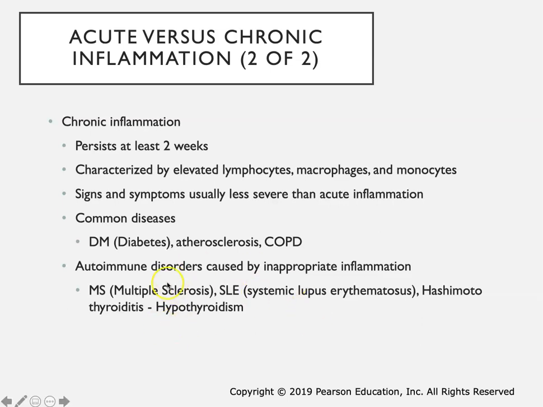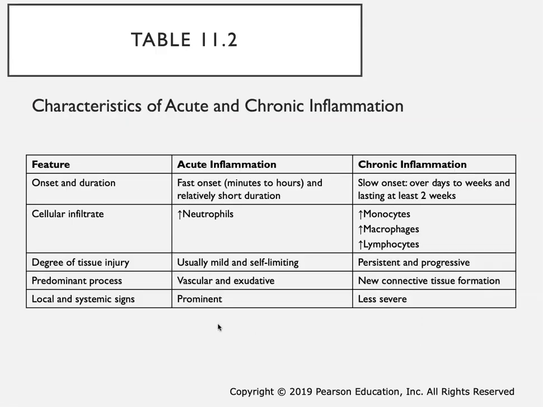Some examples of autoimmune disorders: MS, multiple sclerosis; systemic lupus, which you see abbreviated as SLE; and Hashimoto thyroiditis. Itis just means inflammation, so inflammation of the thyroid. This actually leads to hypothyroidism, as the thyroid gland eventually becomes unable to produce thyroid hormone. So, some examples there.